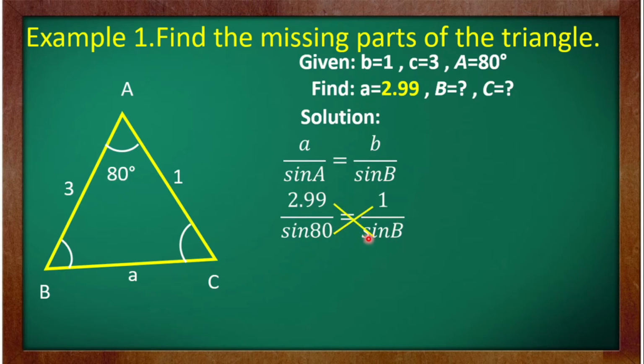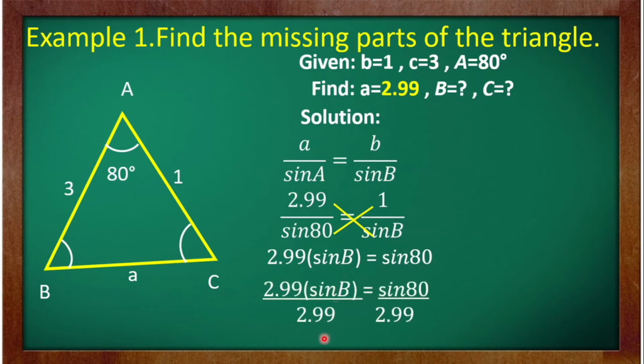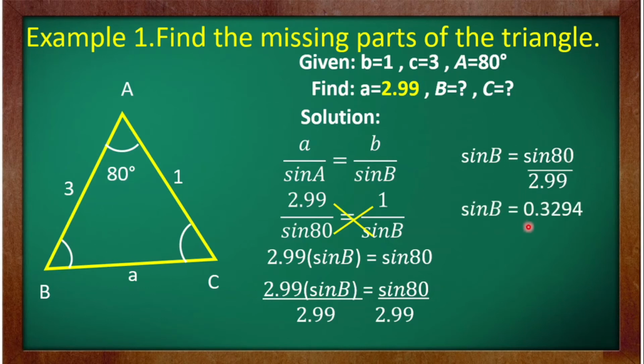So, sine B times 2.99, that is 2.99 sine B, is equal to sine 80 times 1, that is sine 80. Then para makuha yung sine B, divide both sides by 2.99. So cancel to. That is sine B is equal to sine 80 over 2.99. Then pag kinalculate natin to sa calculator, ang kakalabasan niya ay 0.3294.